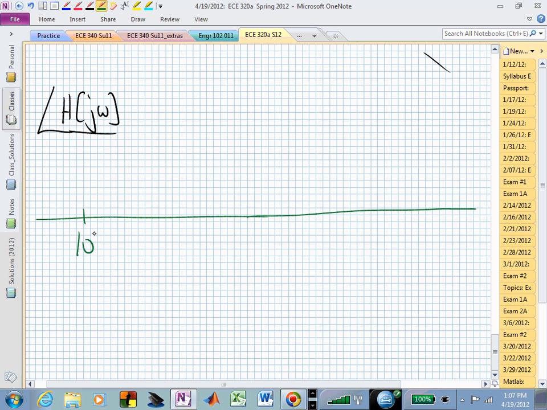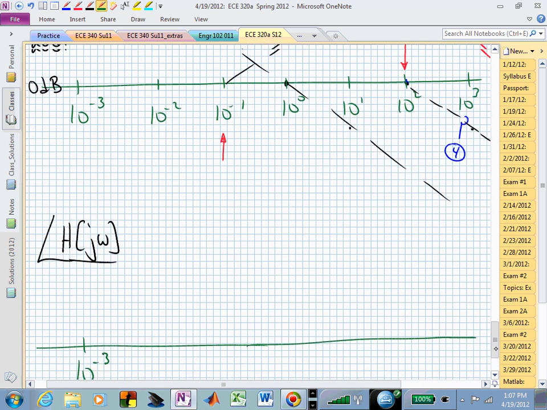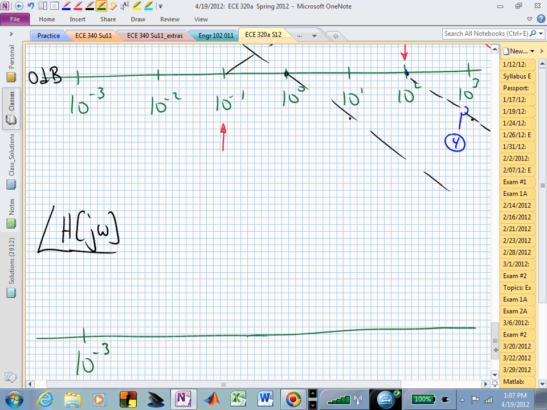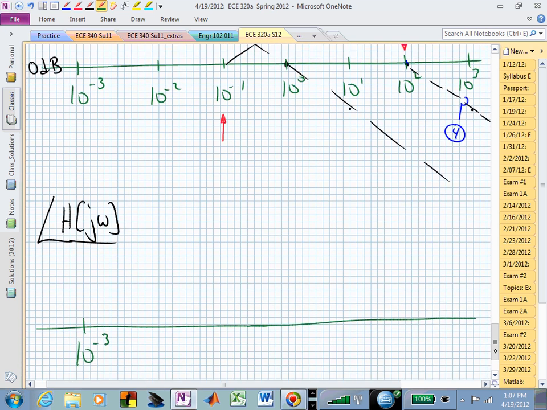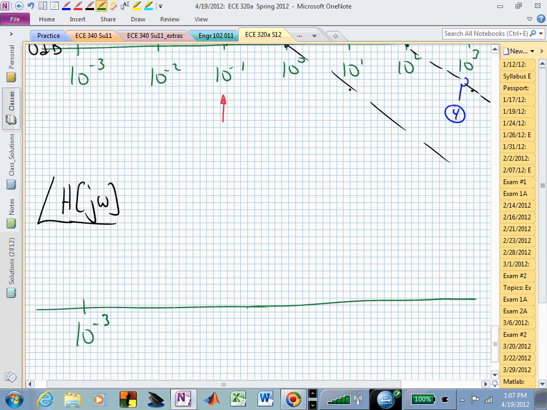Ideally, you would line up your axes. I had already scrolled beyond the diagram, and I still located 10 to the minus 3 pretty close to where it is in the top one. So you want to align your diagrams, your axes.